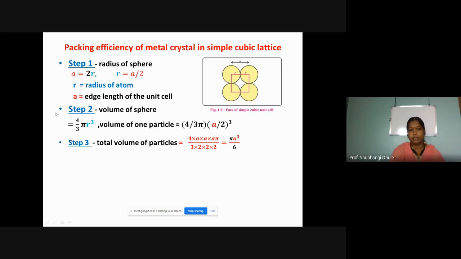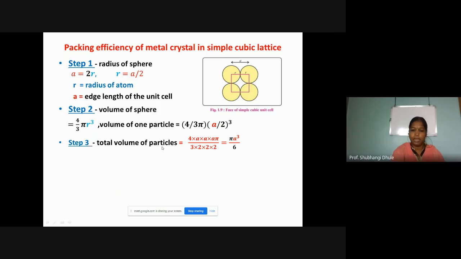So remember, the first step is to calculate the radius of the atom. The second step is to calculate the volume of one sphere. The third step is to calculate the total volume of the spheres, so just multiply by the number of particles present in the unit cell.